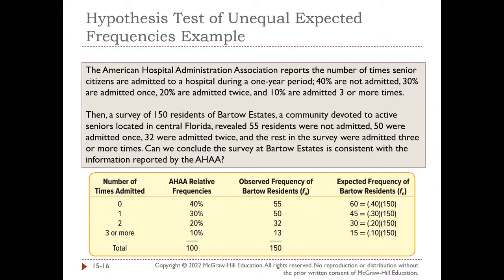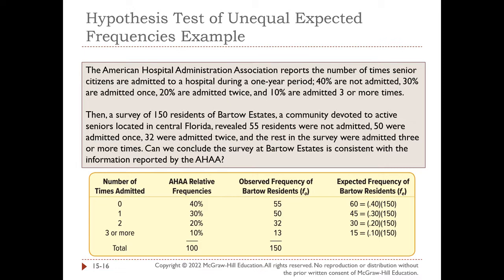Then a survey of 150 residents of Bartow Estates, a community devoted to active seniors located in Central Florida, revealed 55 residents were not admitted, 50 were admitted once, 32 were admitted twice, and the rest of the survey was admitted 3 or more times. Can we conclude the survey at Bartow Estates is consistent with the information reported by AHAA?